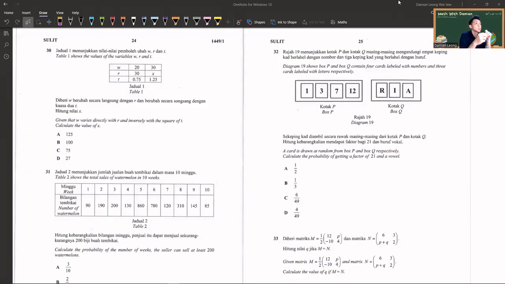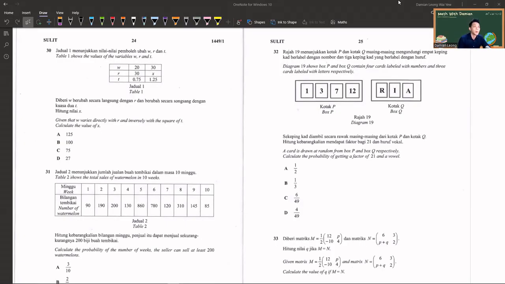Question 30. Jadual satu menunjukkan nilai pemboleh ubah W, R, dan T. So 3 variables. So W berubah secara langsung dengan R dan berubah secara songsang dengan kuasa 2 T. So this is combined variation, ubahan bergabung. Di mana dia ada ubahan langsung dan ubahan songsang. Okay, it has direct variation and inverse variation.